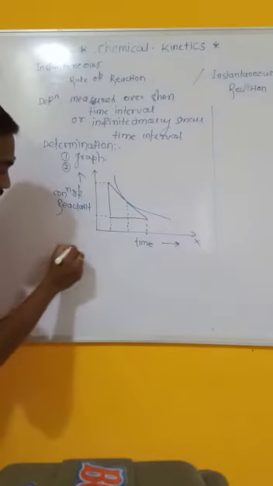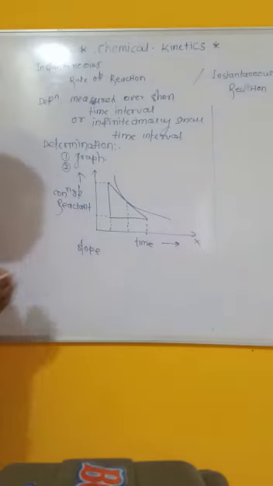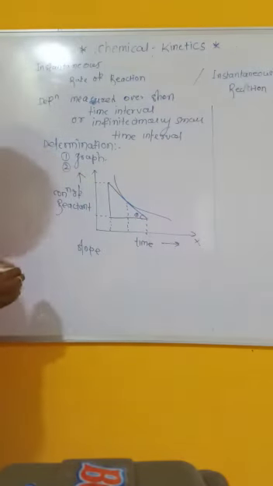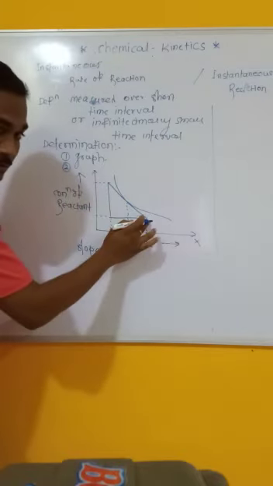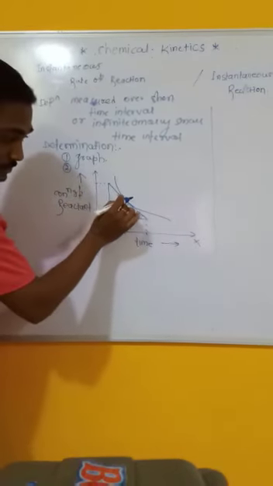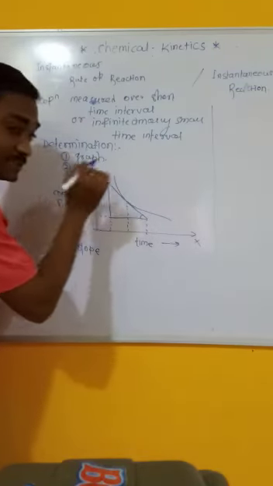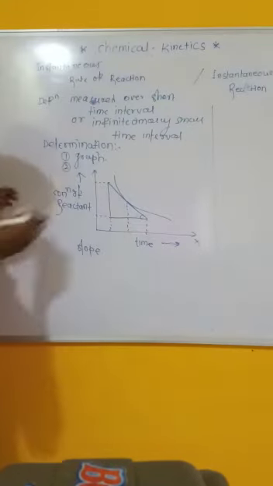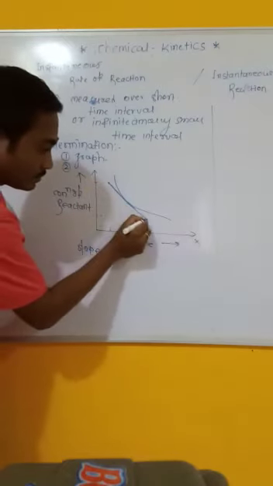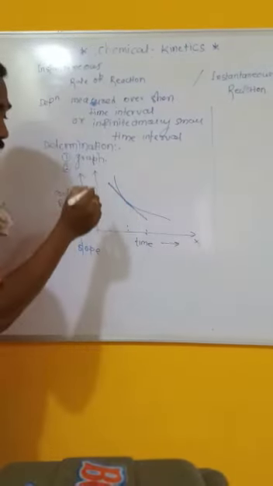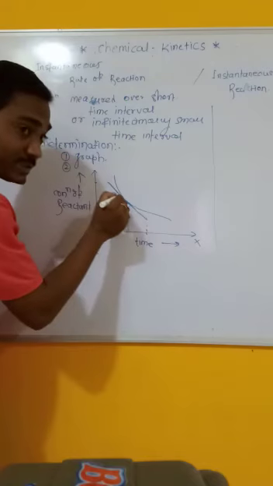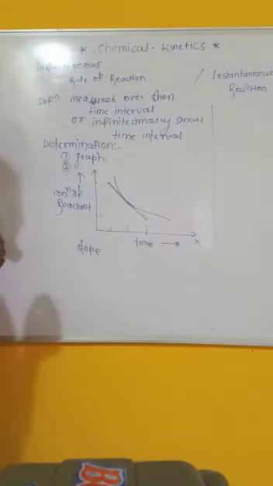That means we have to find the slope, angle theta. The tangent is drawn to the curve, and the slope of this tangent gives the value of the instantaneous rate of reaction.